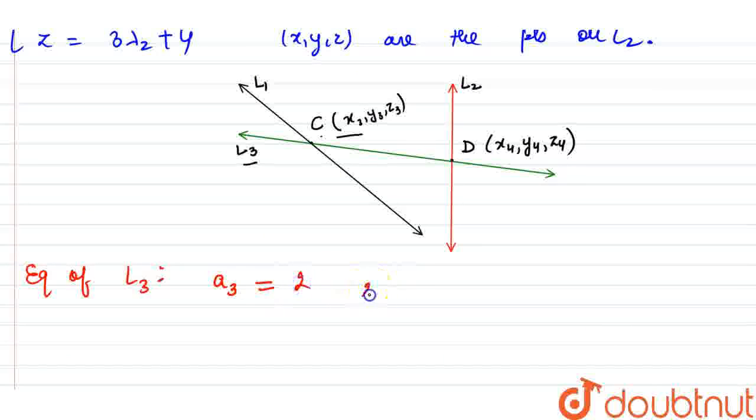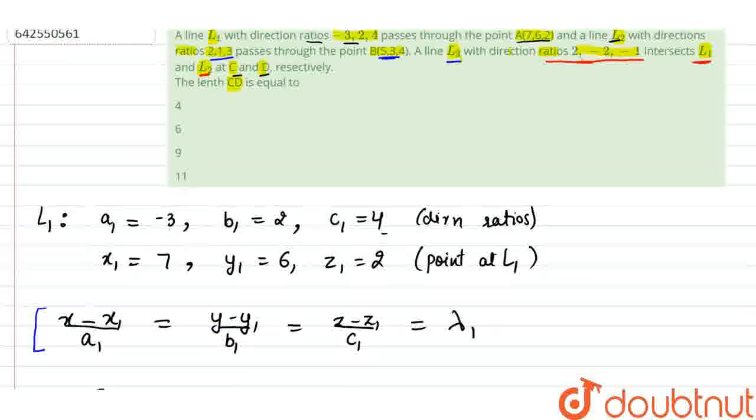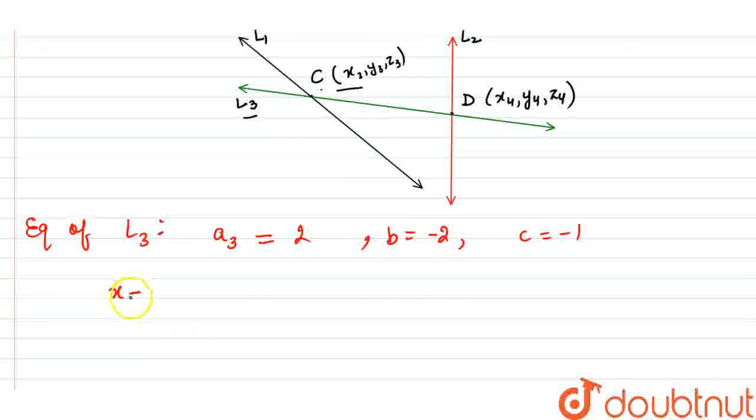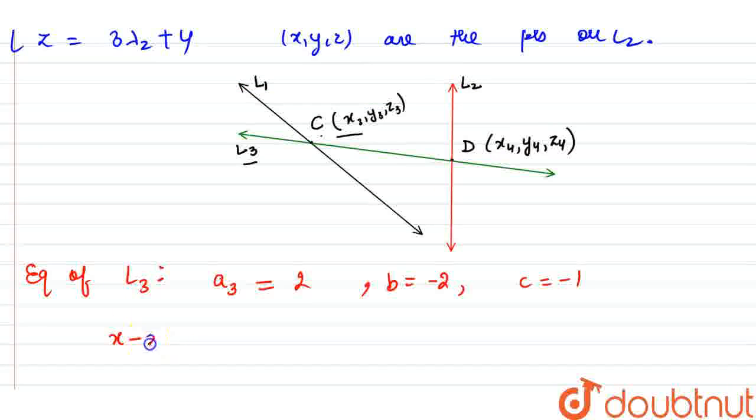So A3 is 2, B3 is -2, and C3 is -1. From here, the equation of line L3 in Cartesian form will be x minus some point x3. So x3, y3, z3 is one of the points of L3.